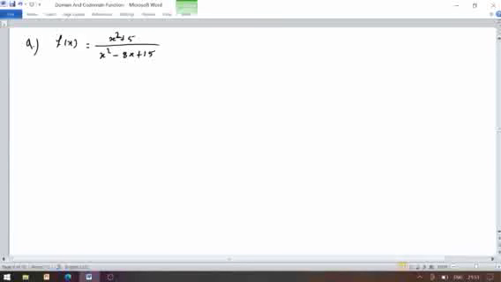Again same thing, f of x is defined for all real values of x except those values of x which, after replacing in the denominator, give us 0. So first of all we try to find the values of x that give us the denominator as 0, because once a denominator is 0, the value of the given function is undefined.